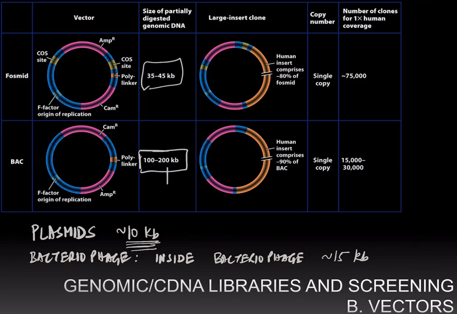Whereas working with BACs, since each BAC can have a large DNA insert of up to 200 kilobases, the size of your library, or the number of different vectors that you have, is 20-fold smaller, and that library is much easier to work with.